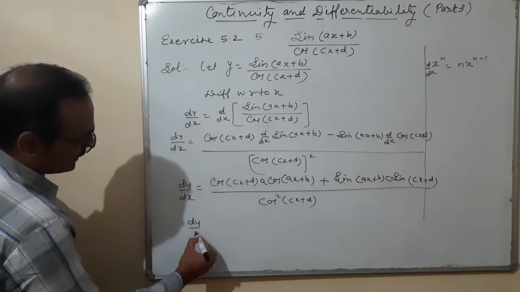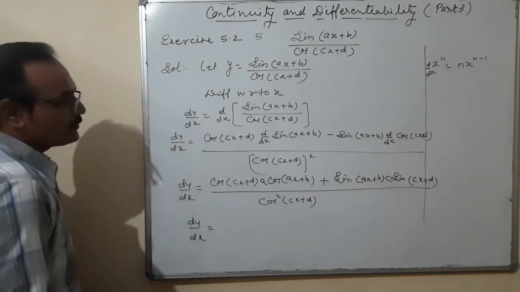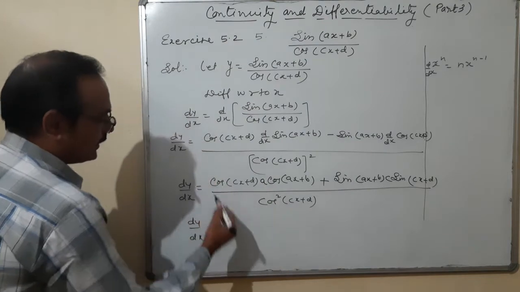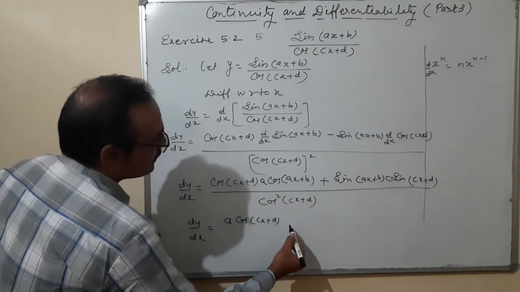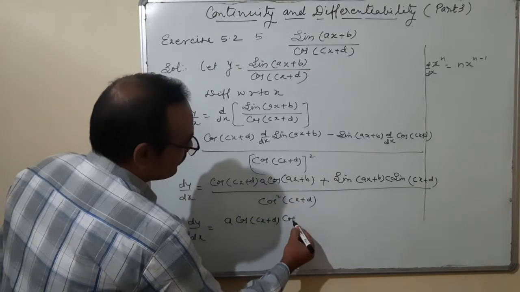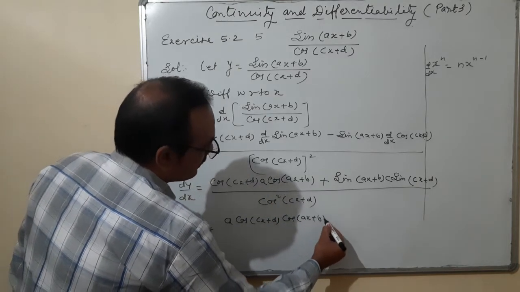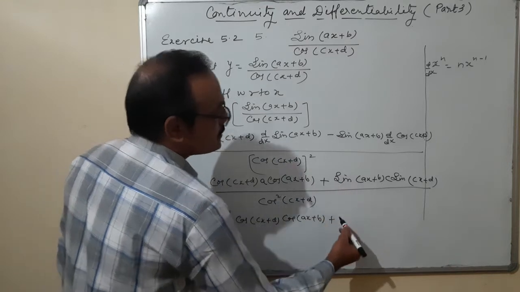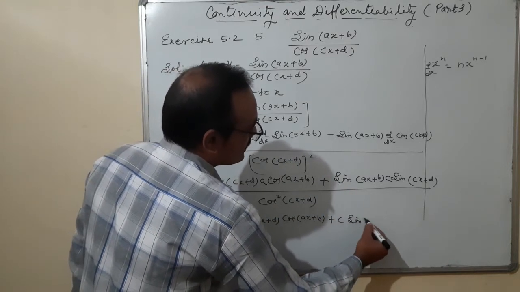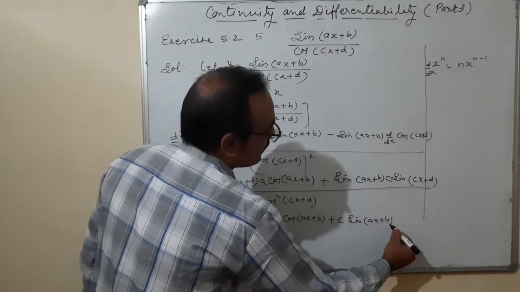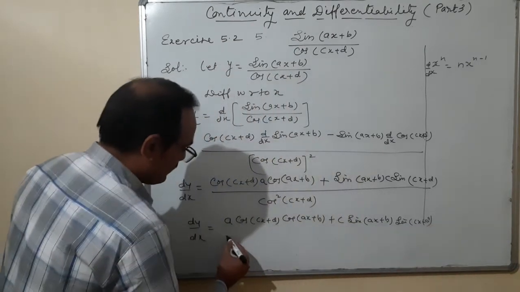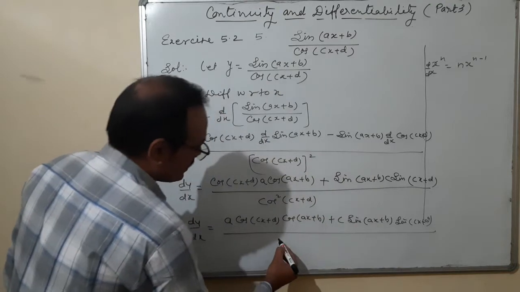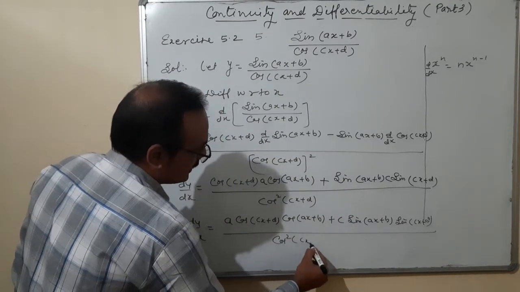So dy by dx is equal to a cos(cx plus d) into cos(ax plus b) plus c sin(ax plus b) into sin(cx plus d), upon cos square(cx plus d).